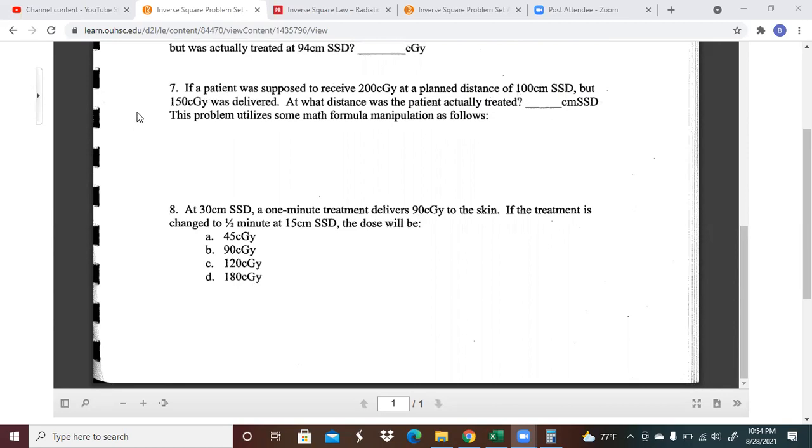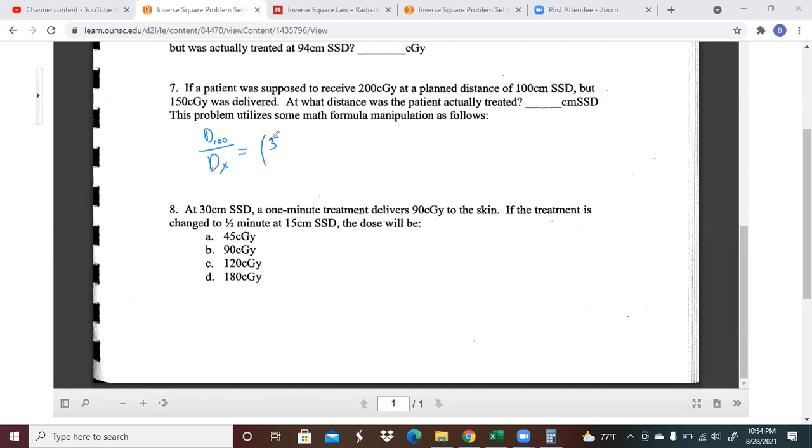Now, if they ended up receiving less dose than what they were supposed to, this SSD they were treated at is going to be much greater than this. Question is, what is it? So we know that the dose delivered at 100 divided by the dose delivered at something, and we're not exactly sure what that is.